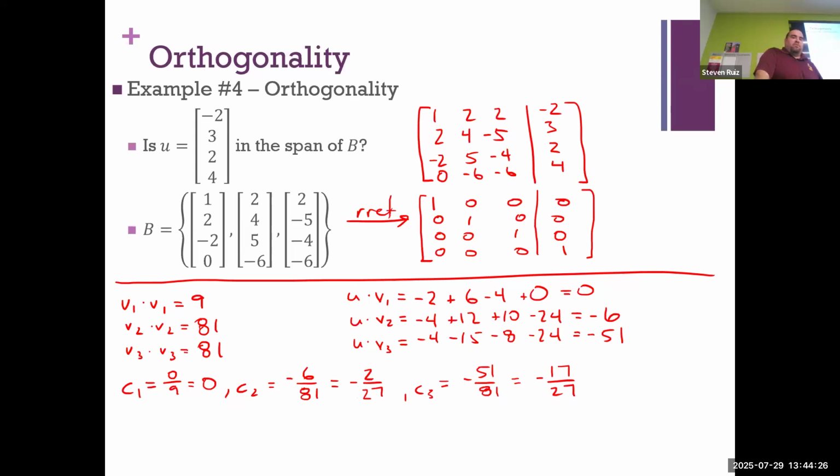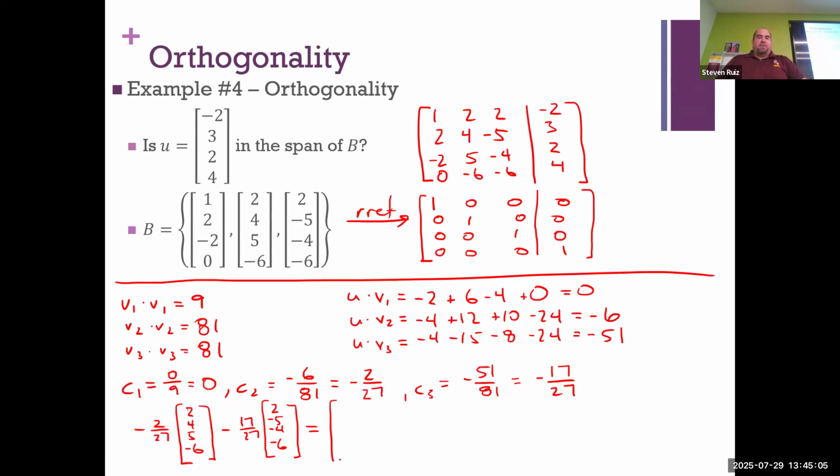So reducing the matrix told us that this vector U is not in the span of B. But what did we just find with these constants C1, C2, and C3? So let's find out. What is -2 over 27 times this vector 2, 2, 4, 5, -6, minus 17 over 27 times 2, -5, -4, -6.